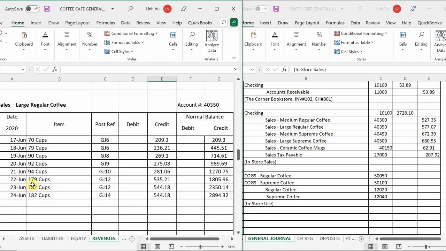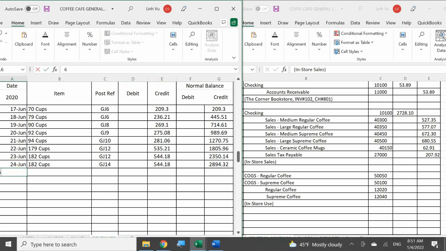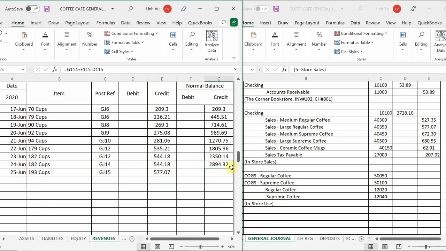There you go. Now, what about sales for the large regular? How many cups did we sell? 193. For $577.07. $3,471.39. Good.